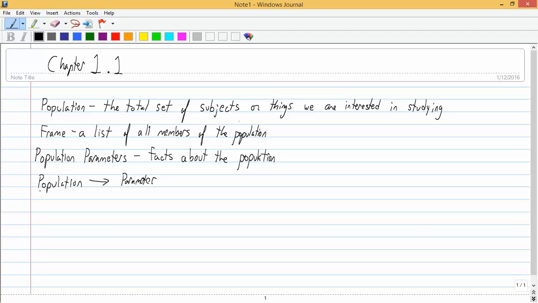All right. More times than not, a sample is used. Okay. And a sample is a subset of the population which is used to gain insight about the population.